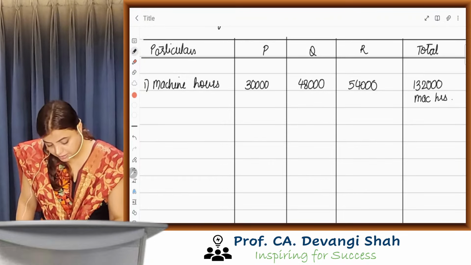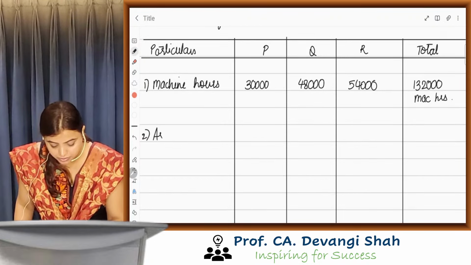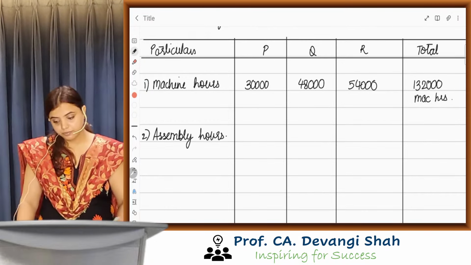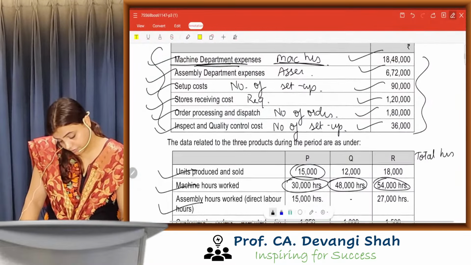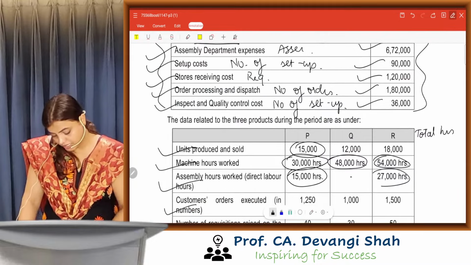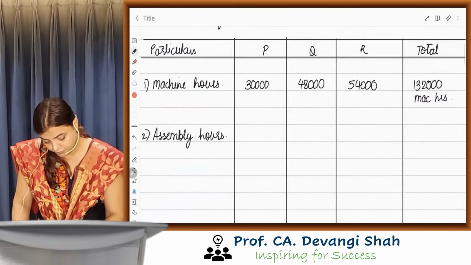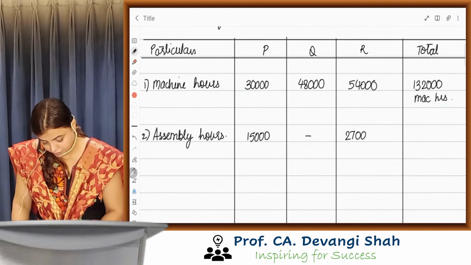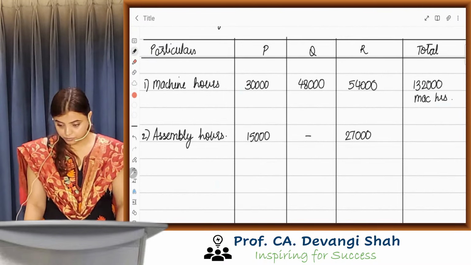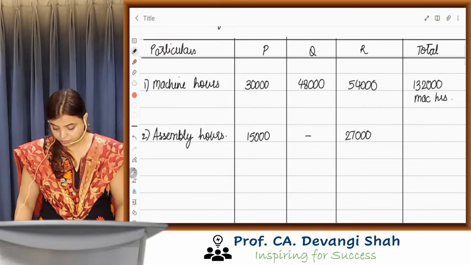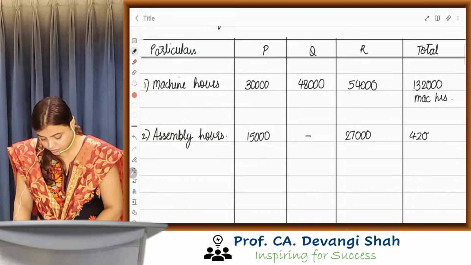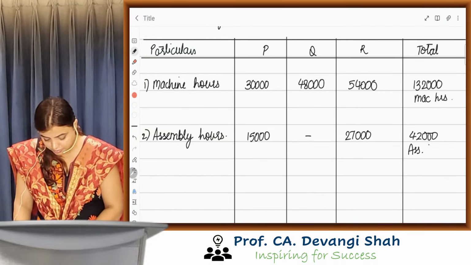The next is assembly. Assembly hours are to be taken. 15,000 hours for P, 27,000 hours for Q, and total 42,000 assembly hours.